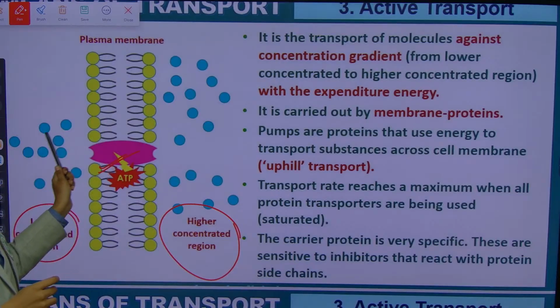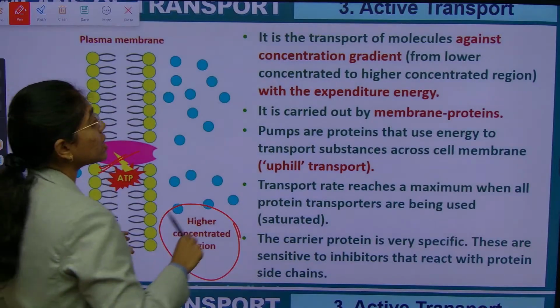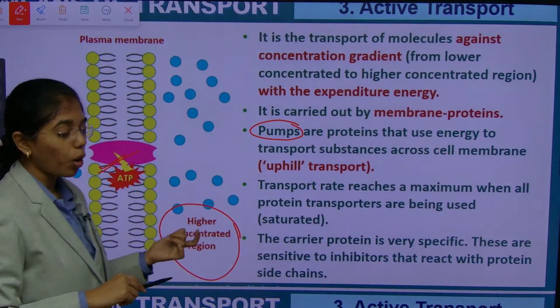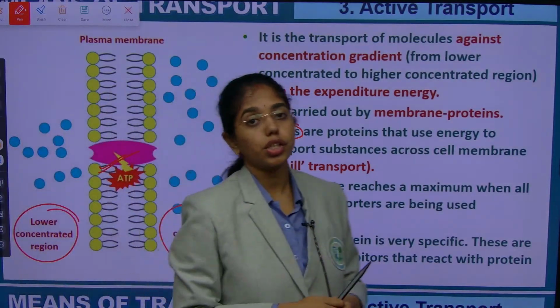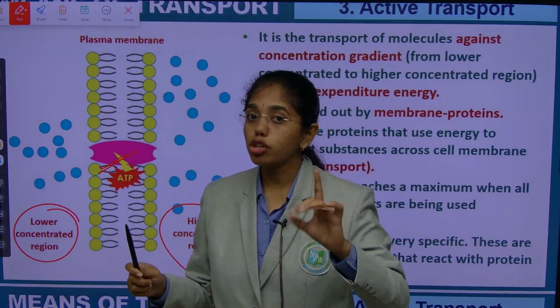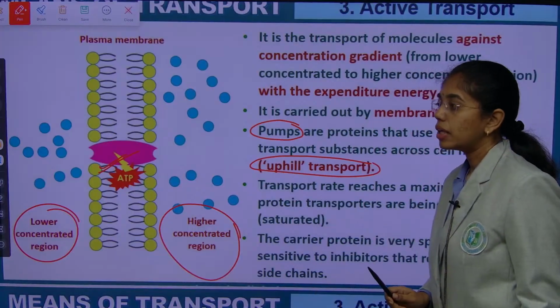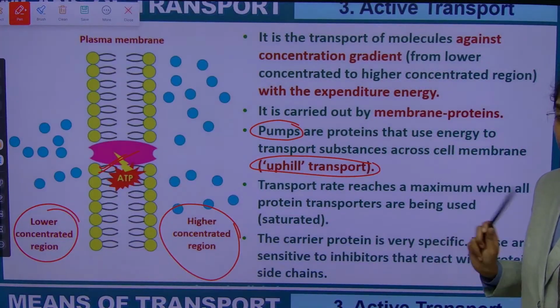These are carried by some membrane proteins, addressed as pumps. As these pumps transport the molecules against the concentration gradient from low to high, this is also known as what transport? Uphill transport. Remember that.